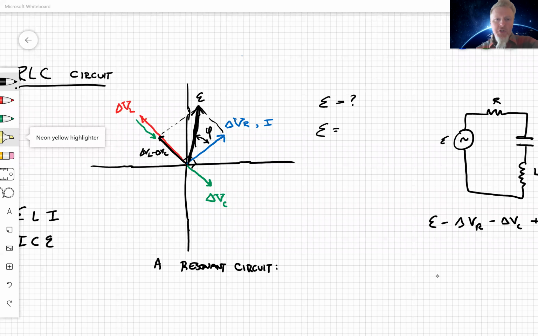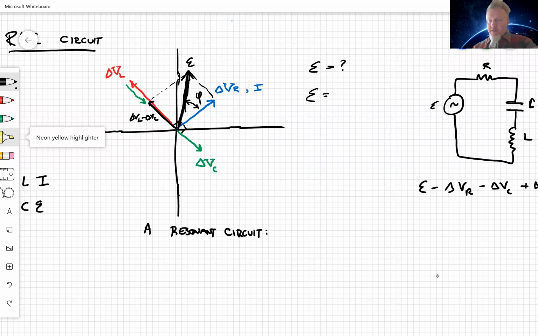Okay, let's try this again. At a resonant circuit, what characteristics am I going to notice about this phasor diagram?